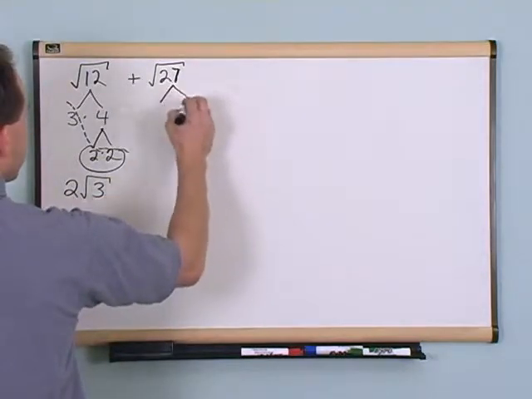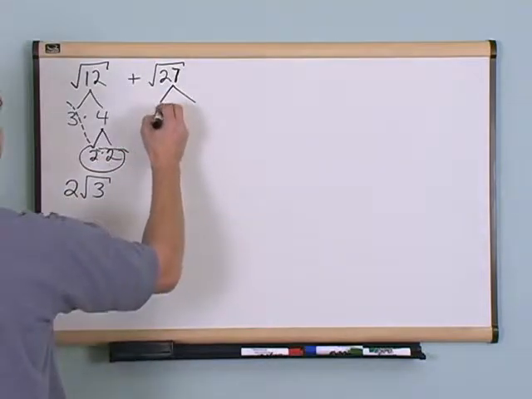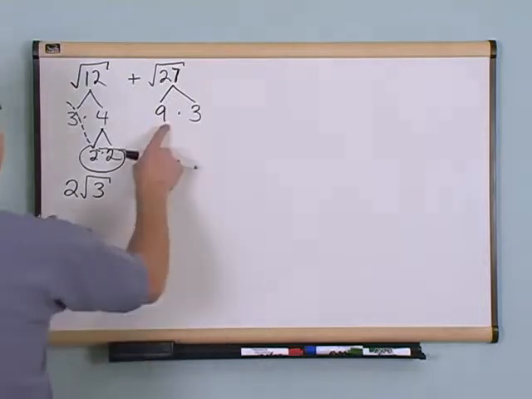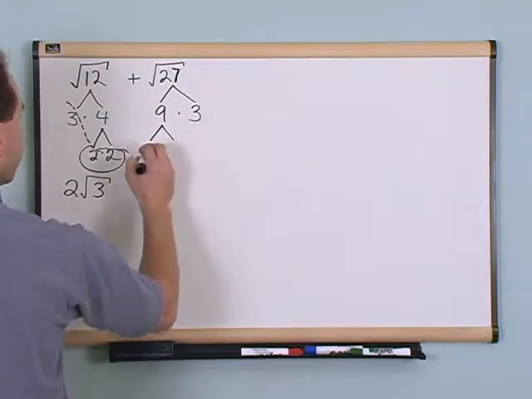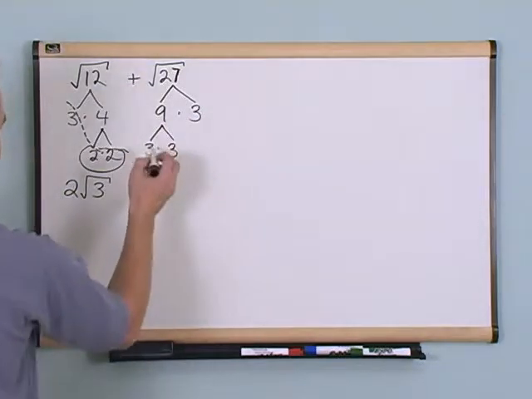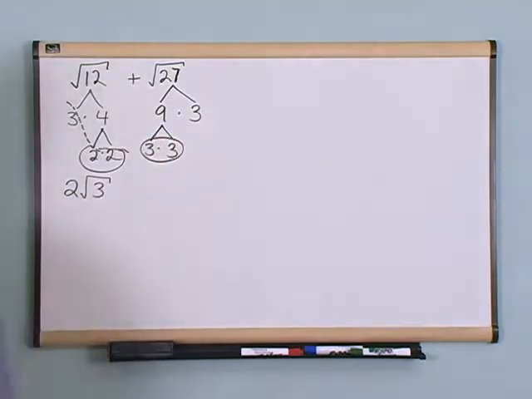Separately, let's go ahead and try to reduce this. 27 is 9 times 3, right? And 9 is just simply 3 times 3. And that's as simple as we can go. So we're going to start to look for pairs here. Of course, we've got a nice pair right there.